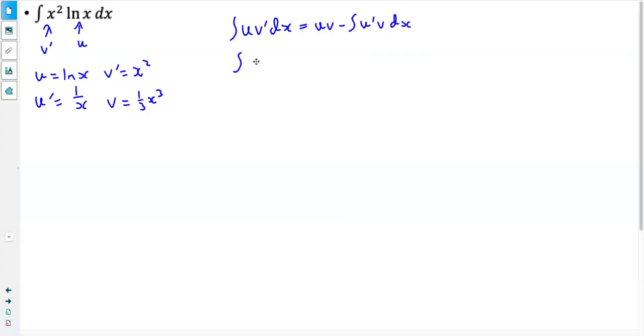So if we have the integral of x squared times the natural logarithm of x dx, that's equal to uv, so that'd be 1/3 x cubed times the natural logarithm of x minus the integral of u prime, which is 1/x, times v, which would be 1/3 x cubed dx. So we'll simplify this a bit.